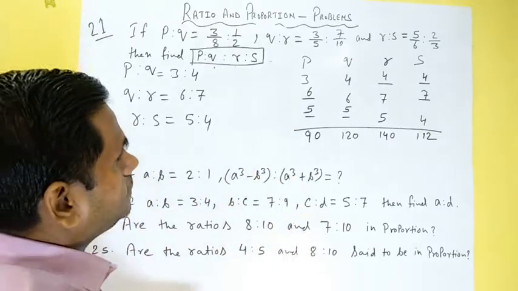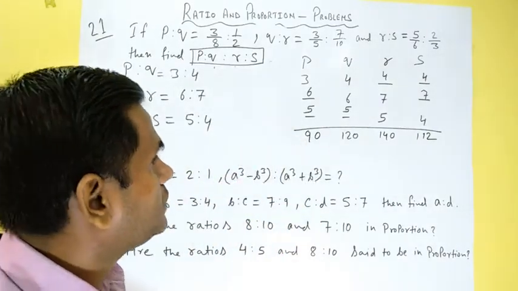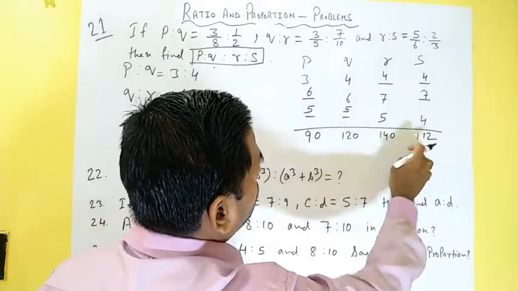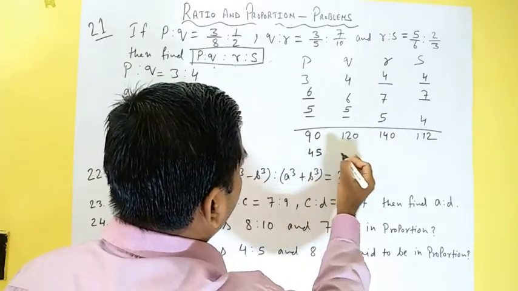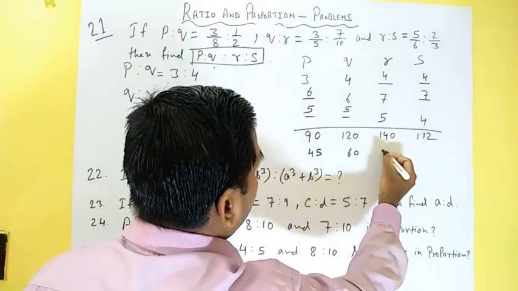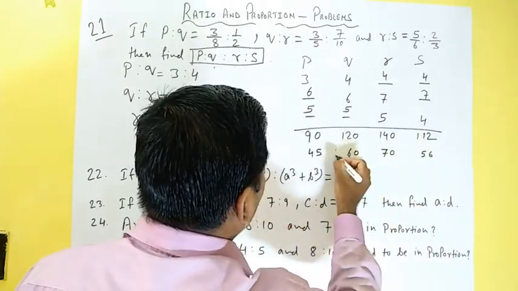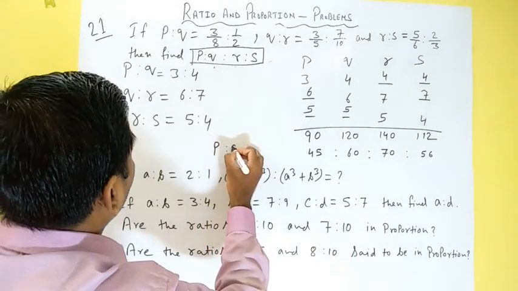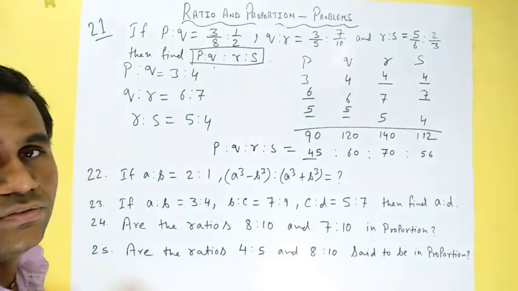So this is the answer, but we have to see whether we can further simplify this. So I can see we can cancel all of them by 2. So if we cancel with 2, this will become 45, this will become 60, this becomes 70, this becomes 56. So this is the final answer for P is to Q is to R is to S. This is the final answer.